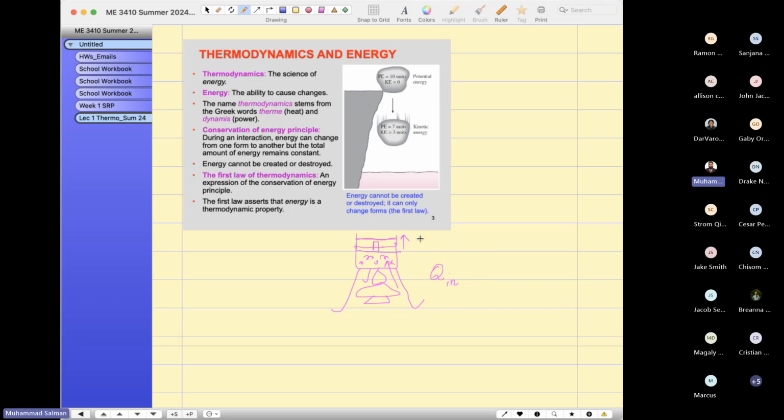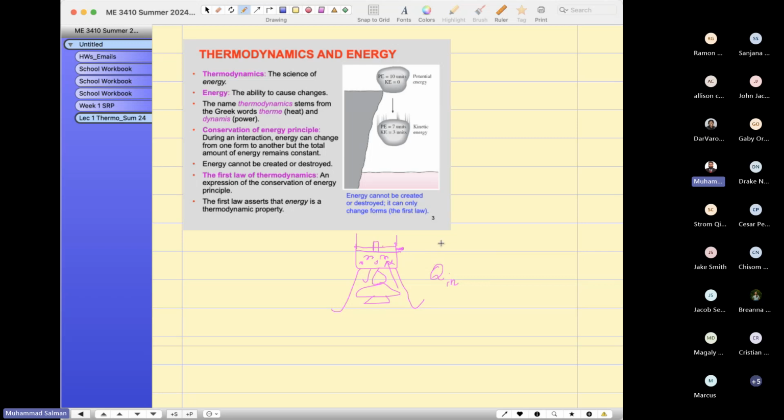So Q in, and suppose, for example, in this example the lid is rigidly fixed. You have just screwed it down. Now what will happen? The energy of the molecules will start increasing. We call this internal energy.